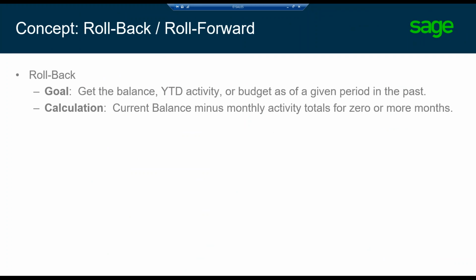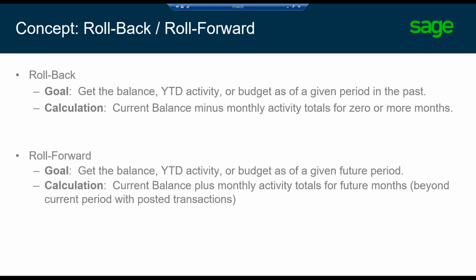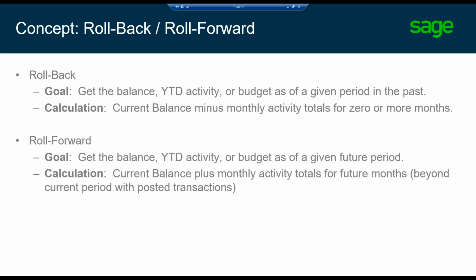I want to get the balance, year-to-date activity, budget, or whatever it is for a given period up to 6 months in the future, assuming you have values, or for a period in the past. And if you have accumulated values, there's a table that has them for over 2 years ago. So you have to calculate the current balance minus activity or plus activity. And if you go past the year end, you have to use the year-end closing entries values that are there.